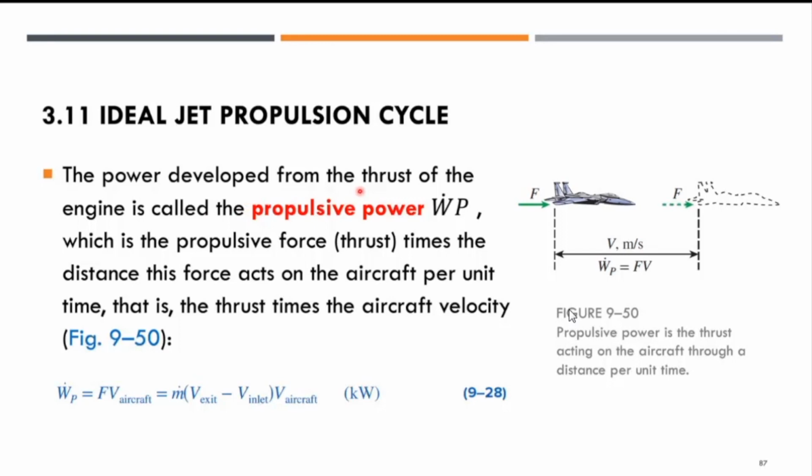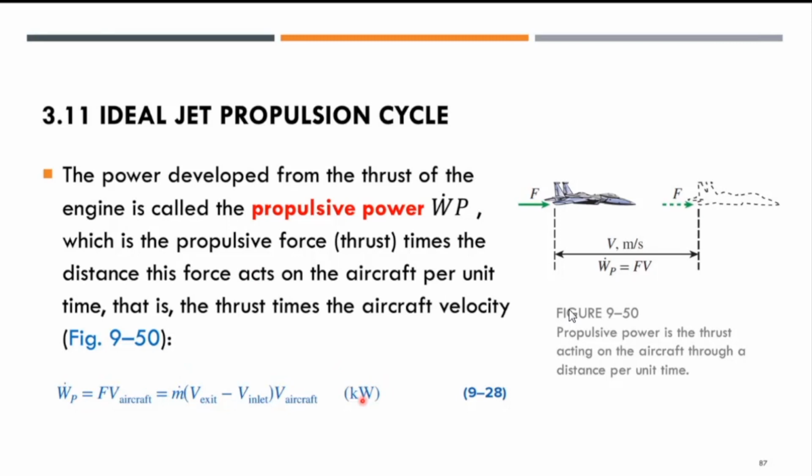We have W dot P, the propulsive power, which is the propulsive force times the distance the force acts on the aircraft per unit time, as shown here, where the propulsive power equals the thrust times the velocity. Okay, and it can be expressed by the expression here, 9-8, and the propulsive power unit is kilowatt.